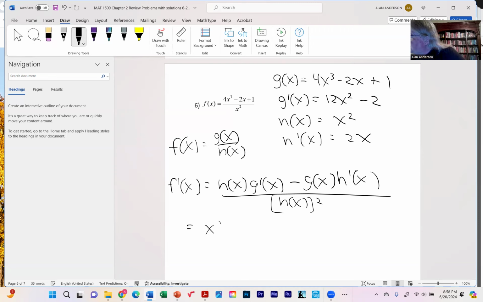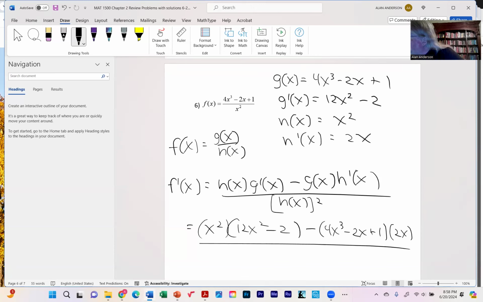So we have x squared times 12x squared minus 2, minus 4x cubed minus 2x plus 1, and h prime of x is 2x, all divided by x squared, squared.